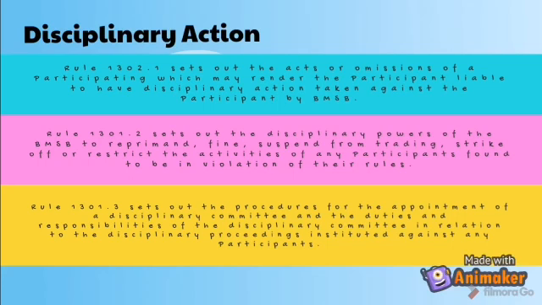Third, Rule 1301.3 sets out the procedures for the appointment of a disciplinary committee and the duties and responsibilities of the disciplinary committee in relation to the disciplinary proceedings instituted against any participants.